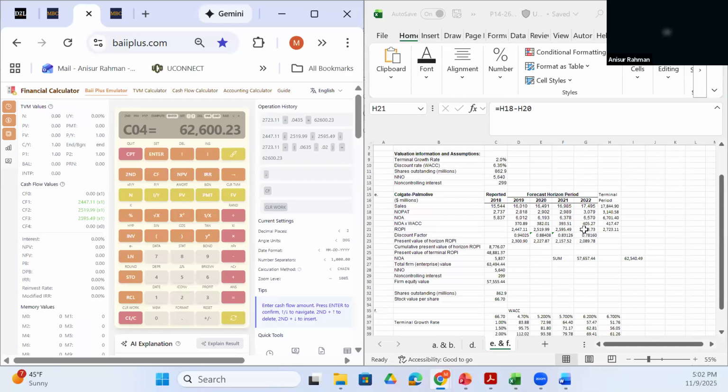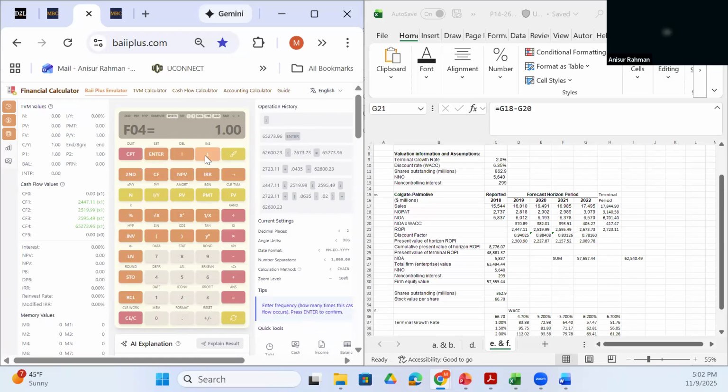Now we have this ROPI we need to add to it. So plus 2673.73, equal to. So this will be our C04. Enter. Now down arrow.